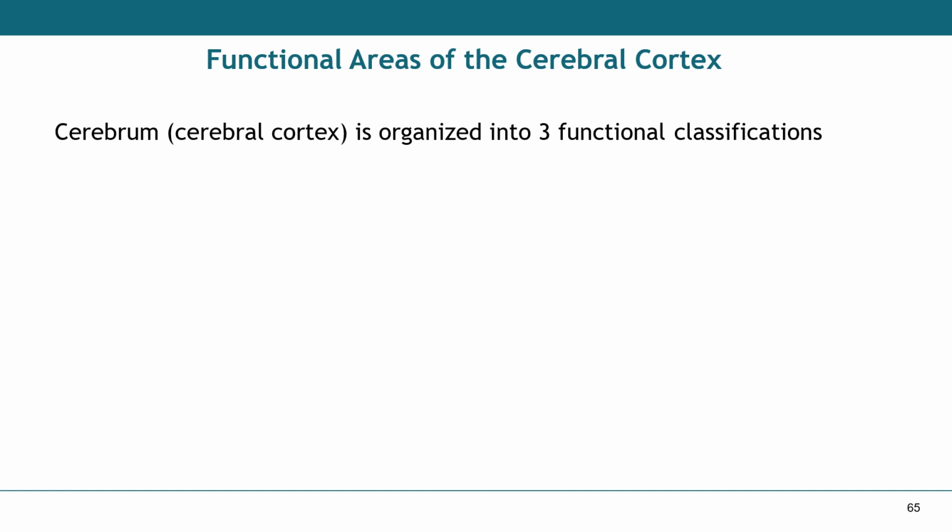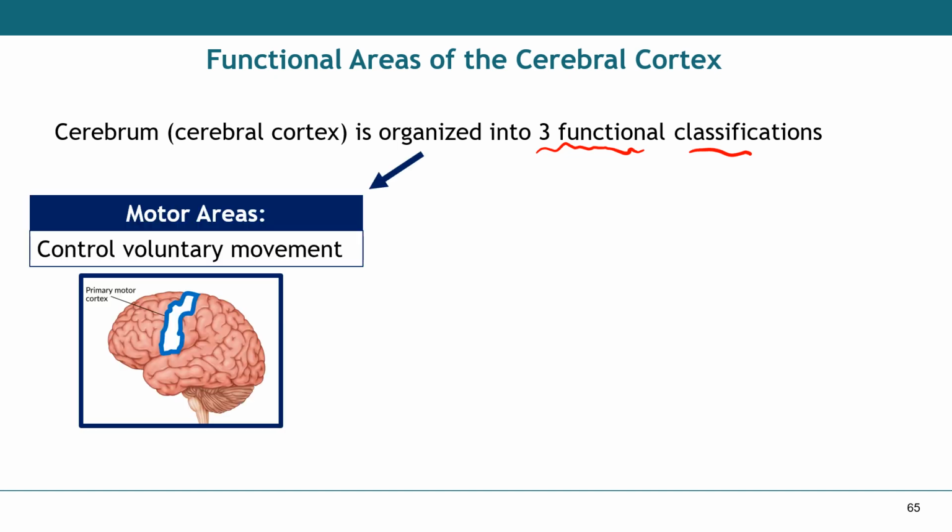Now we're going to talk about the functional areas of the cerebral cortex, and as I said before, we can classify it into three functional areas. This will be a simplification, and later we will talk in more detail about this. There are motor areas, and as an example, you have this area of the cortex that is highlighted there in blue, called the primary motor cortex, which is in charge of the control of voluntary movements.